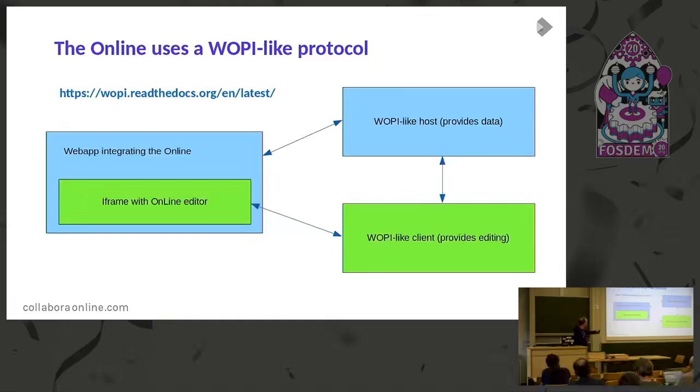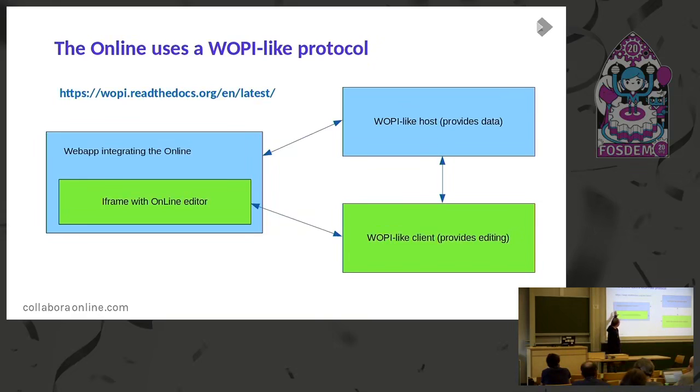So this is basically what we have in the browser. We have this blue box, the web application, and within that an iframe, the online editor. So this iframe communicates through the WOPI protocol with the WOPI-like client, which provides the document rendering and editing functions.